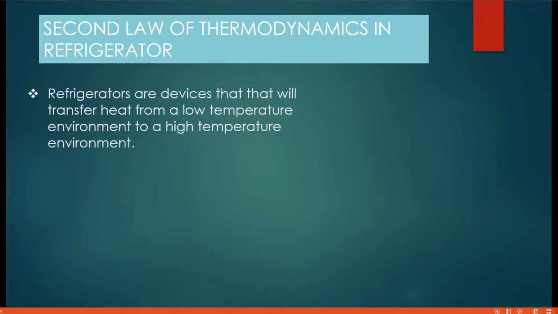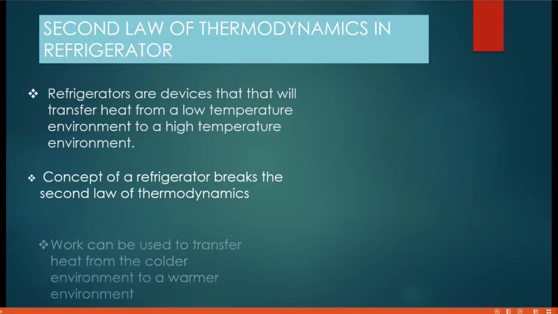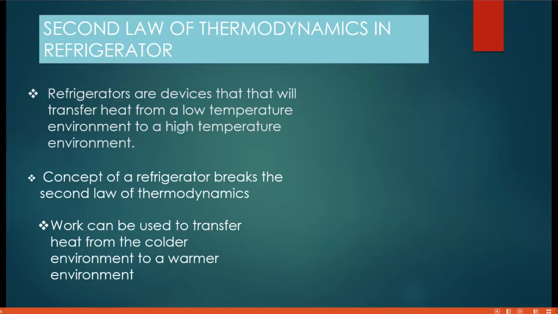Refrigerators are devices that transfer heat from a low temperature environment to a high temperature environment. It is the reverse of the second law of thermodynamics. The concept of the refrigerator appears to break the second law of thermodynamics. Work can be used in order to transfer heat from a colder environment to a warmer environment.